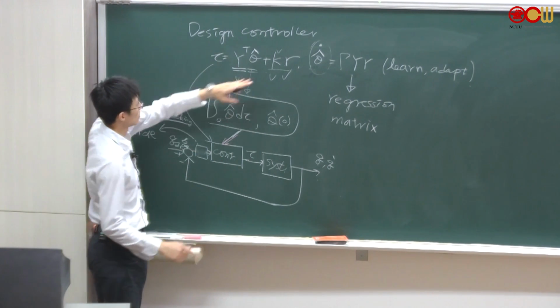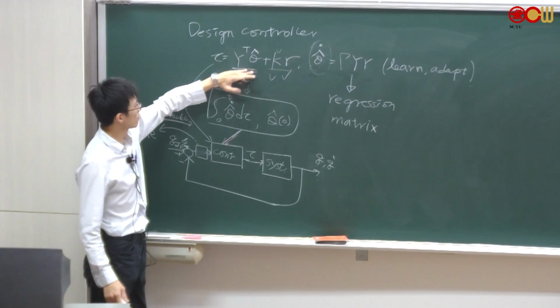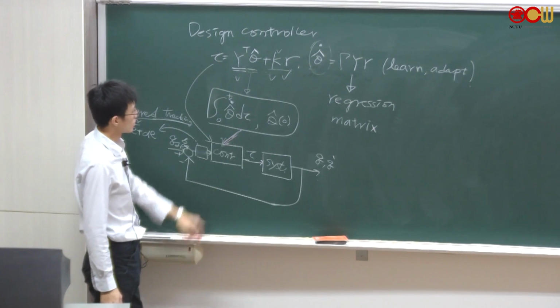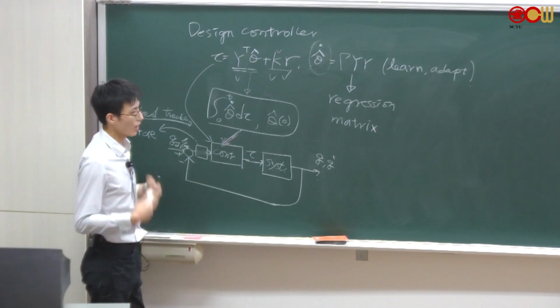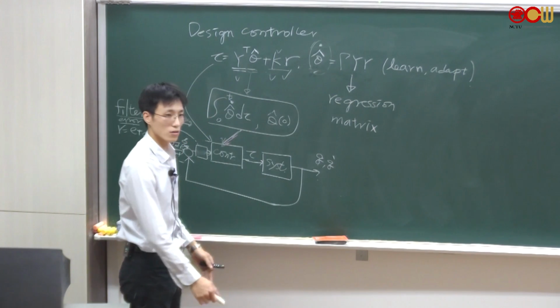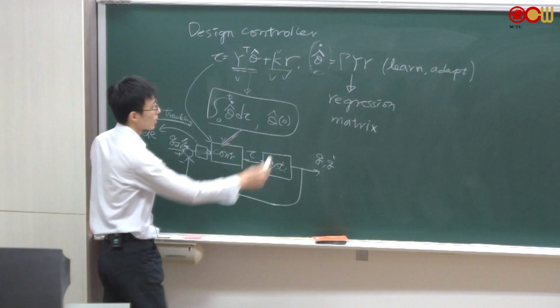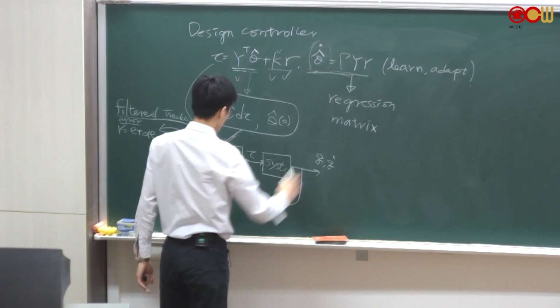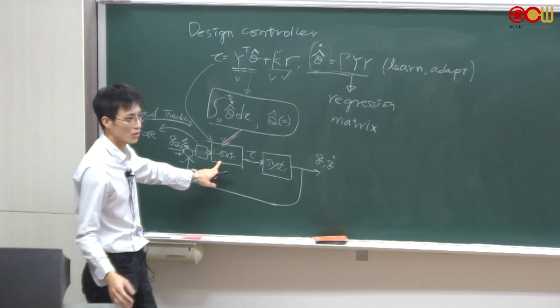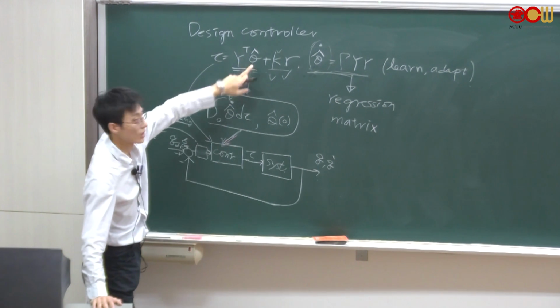So the difference is, not only do you have feedback, you have a feed-forward term, coming from the time-varying signal, which is updated according to the adaptive law. But for the robust controller, you just do K R plus K2 R. It doesn't require theta hat.